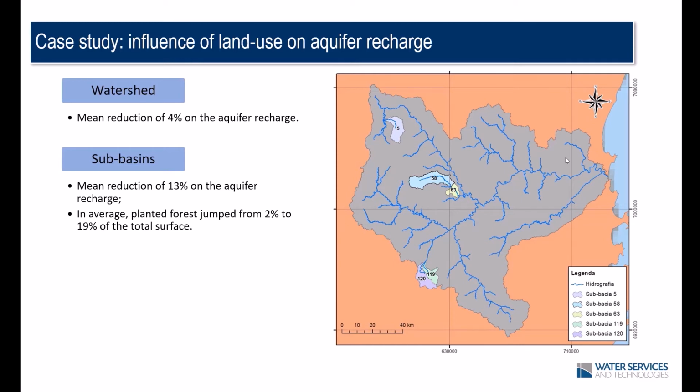If we use a pure hydrogeological model, we are not going to be able to see these changes in the aquifer recharge along the years. If we use the integrated model, we can get these changes.